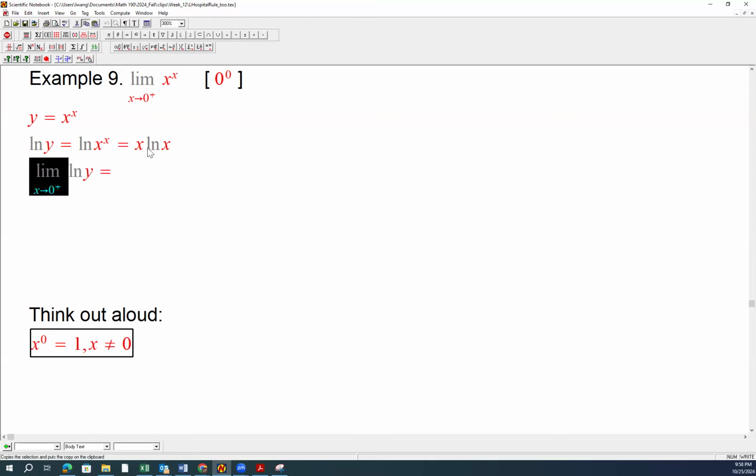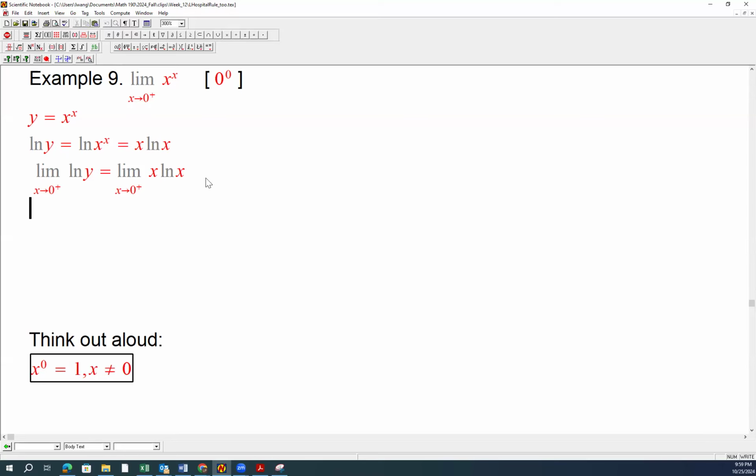So we take the limit of x times ln x. When x approaches 0, ln x approaches negative infinity, but x approaches 0, so we cannot use L'Hopital's rule directly.